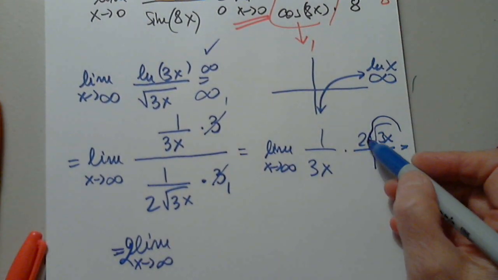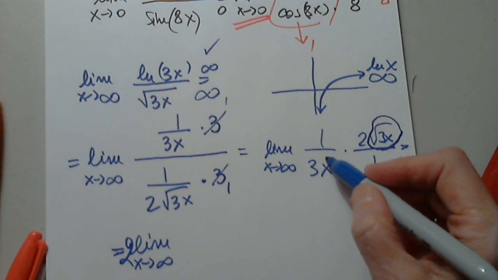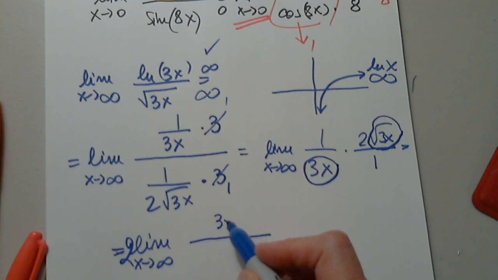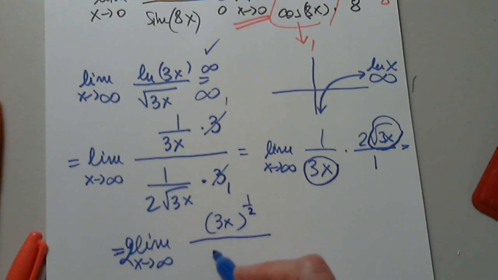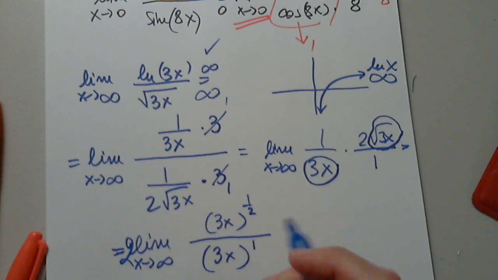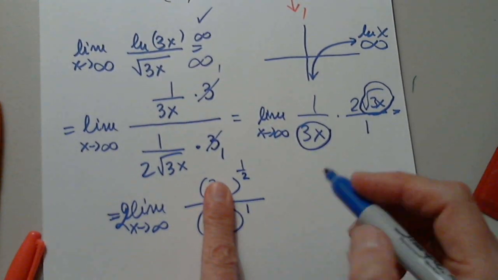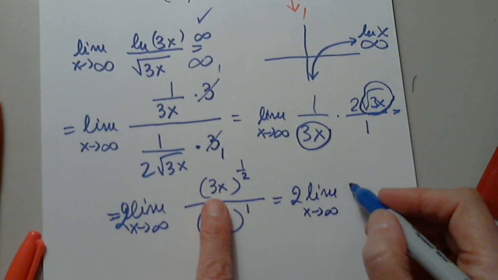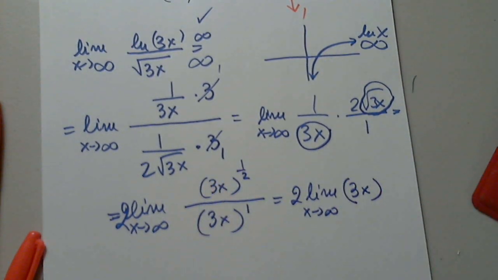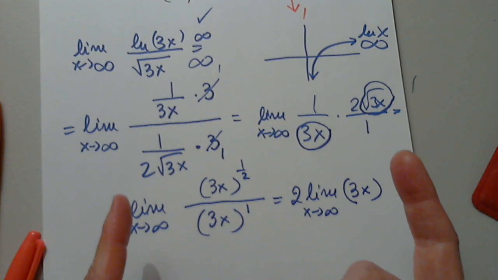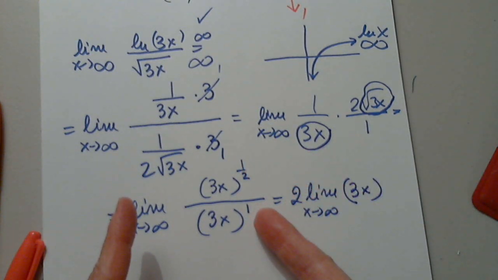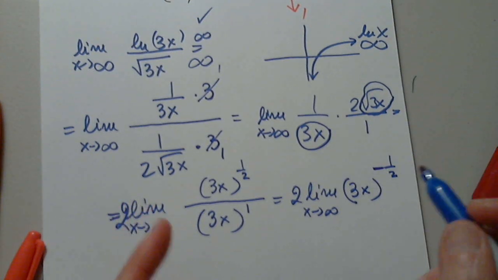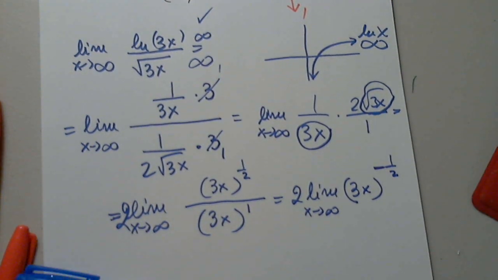But I have the square root of 3x divided by 3x. So I have 3x to power 1/2 over 3x to power 1. It's the same base. So 2, limit as x approaches infinity, copy the base and subtract the exponents. 1/2 minus 1, that is negative 1/2.